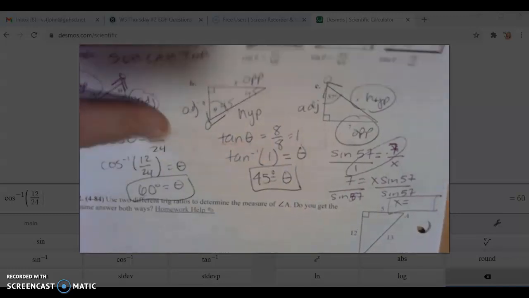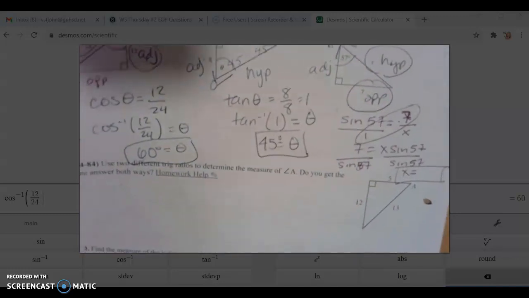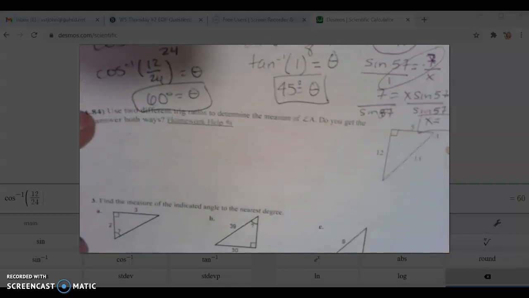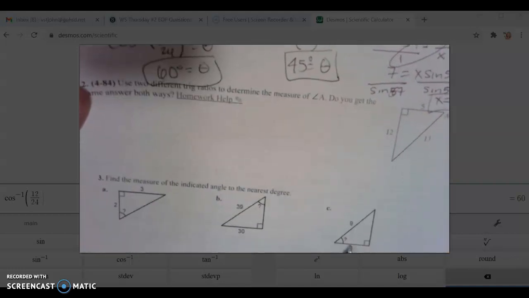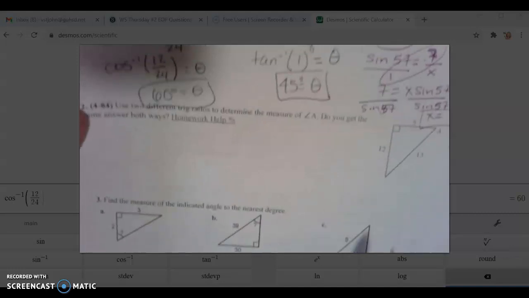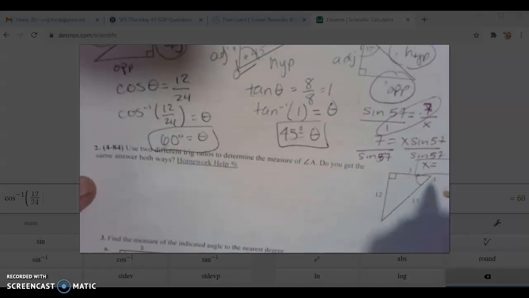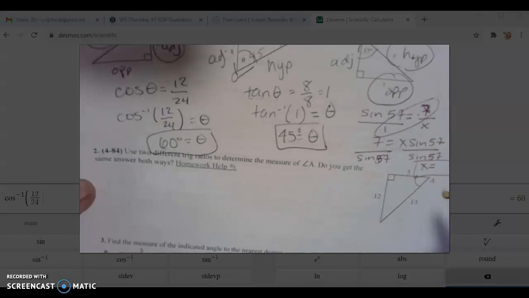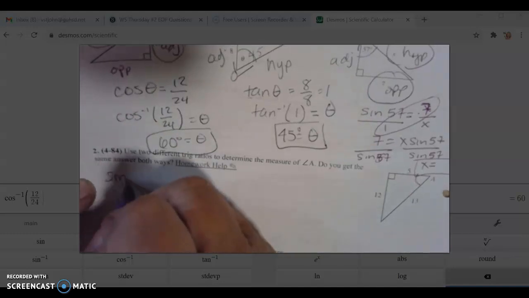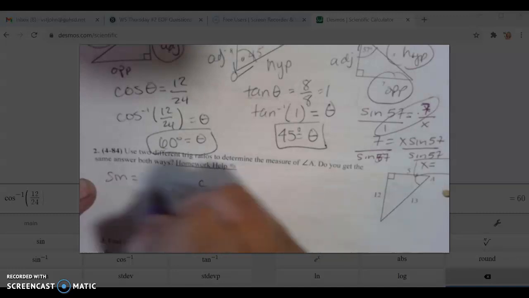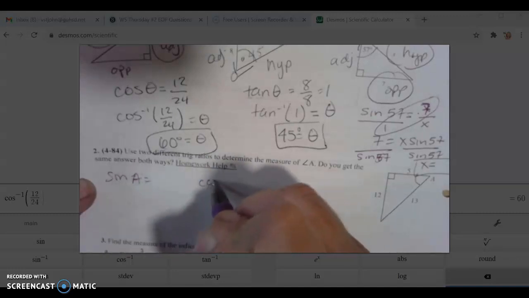Your homework includes all these problems, these 1, 2, 3 problems down at the bottom, where you're going to do the inverse. And then this one says, tell me 2 ways to get measure A. Actually, you can tell me 3 ways to get measure A. Sine of A equals what?